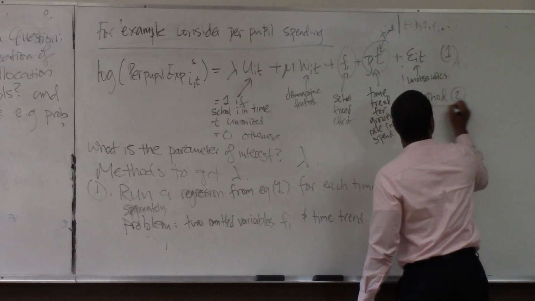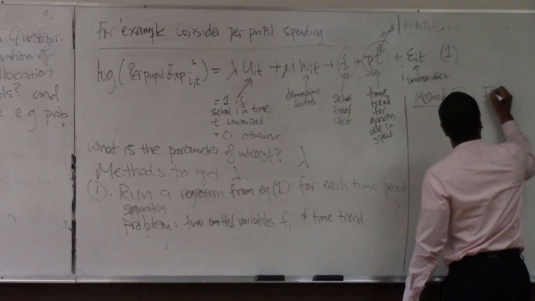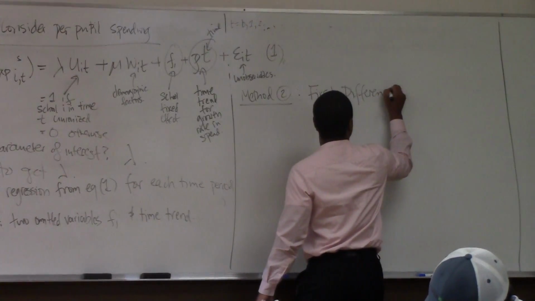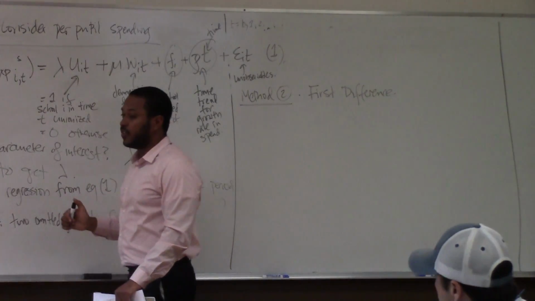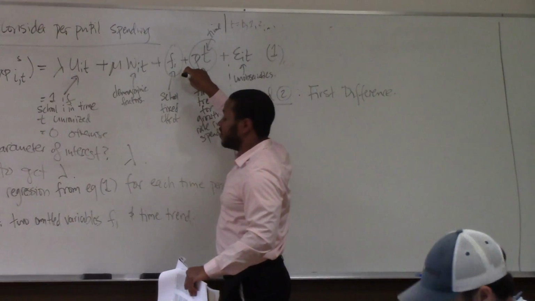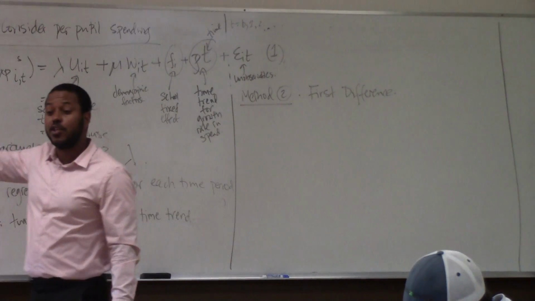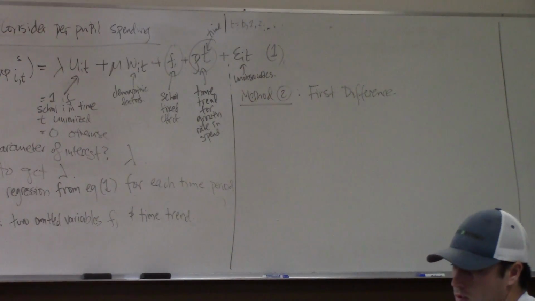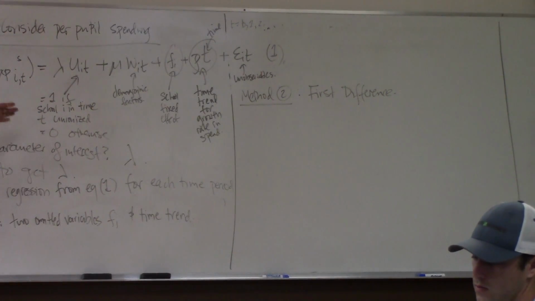So, method number 2 is going to be what's called the first difference. And we've seen this before. So what we're going to do in the first difference is we're going to say that this fixed effect here is going to be the same in 1982 as it's going to be in 1992 as it's going to be in 1970. And so we can look at the differences in per pupil spending between those 2 years.